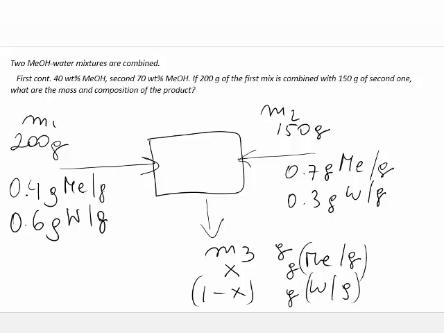The first one is 200 grams of 40% methanol added into the flask, and it is mixed with 150 grams of 70% methanol, and as the result the output from the process is the mixture of unknown composition, unknown concentration of methanol, and the quantity of the final product is unknown here.